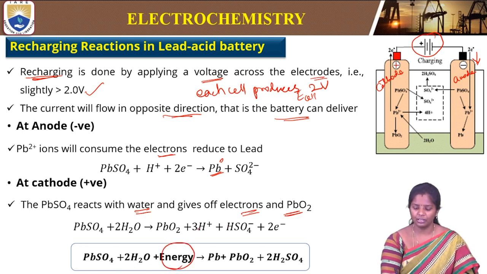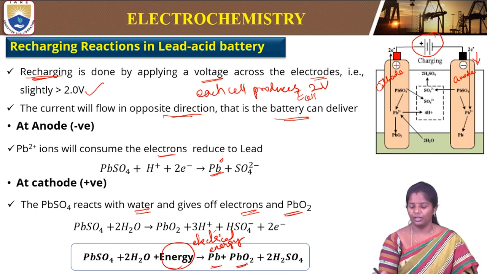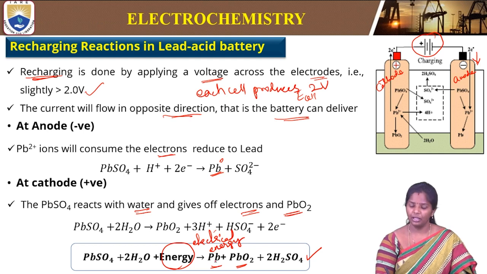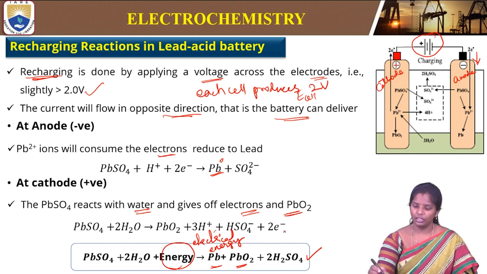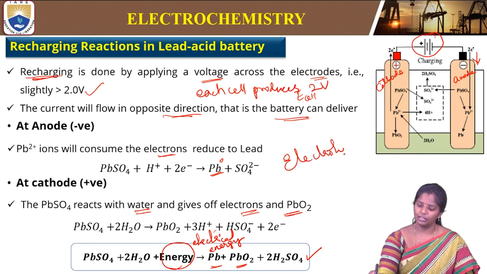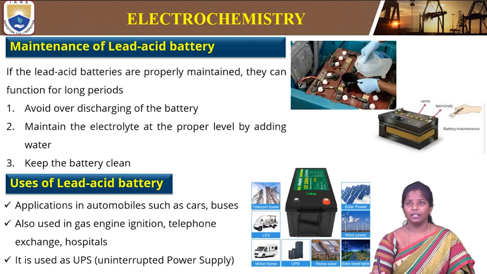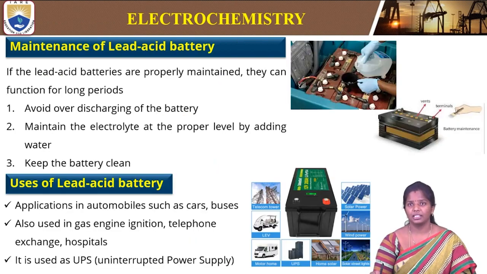We are supplying electrical energy here, and it will form lead and lead dioxide and the sulfuric acid, that is the electrolyte for the whole battery. So here it is acting as an electrolytic cell during charging.